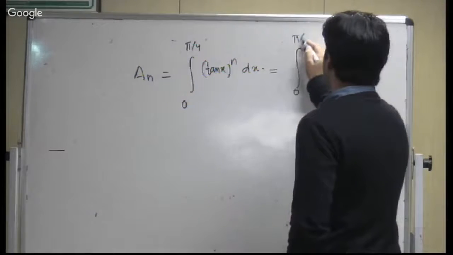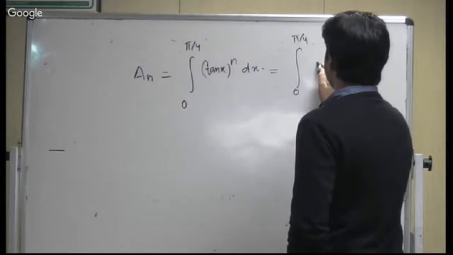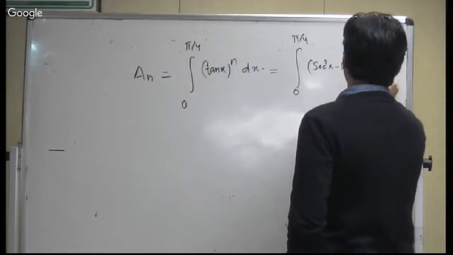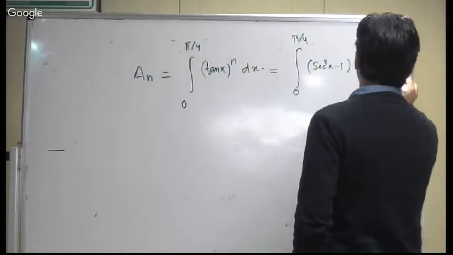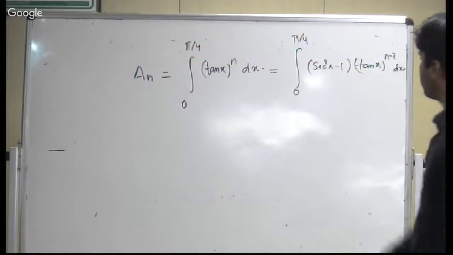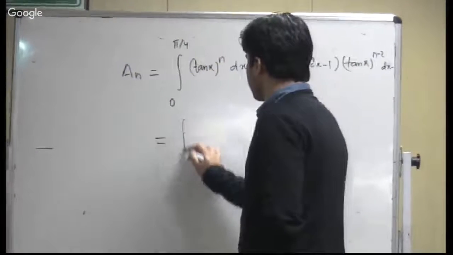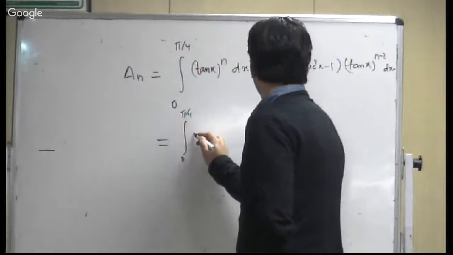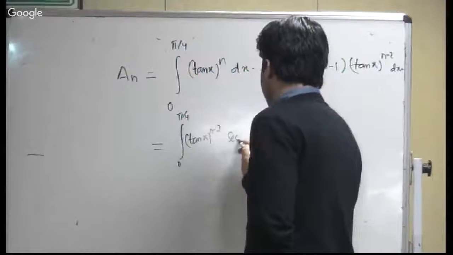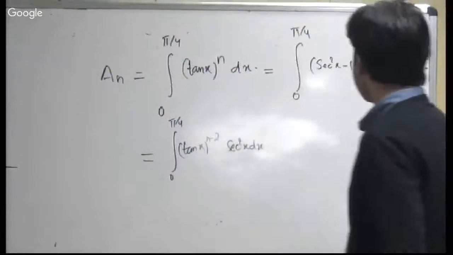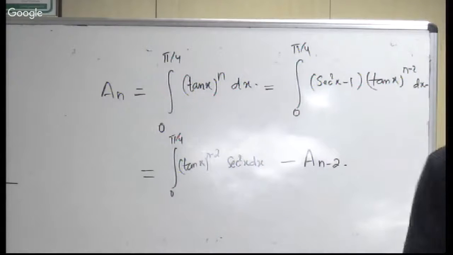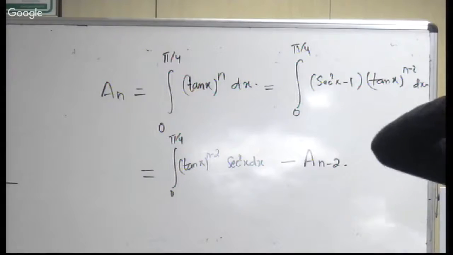So I'm going to say 0 to pi by 4, tan x to the power n minus 2, so n minus 2 will come.